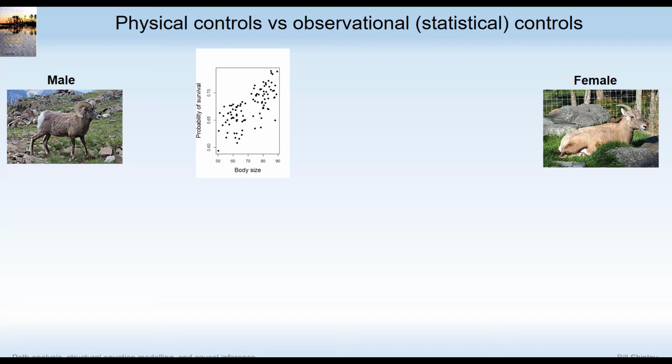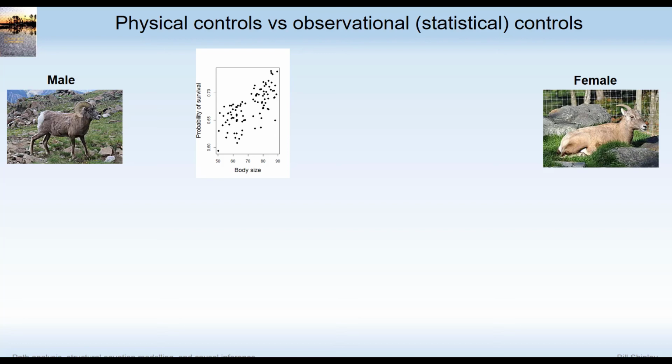But there are similarities, and if we can figure out the relationship between physical control in a causal system and statistical control in a causal system, then we can use the logic of a controlled experiment by replacing physical controls by observational controls. And that is the key idea of path analysis and structural equations modeling.